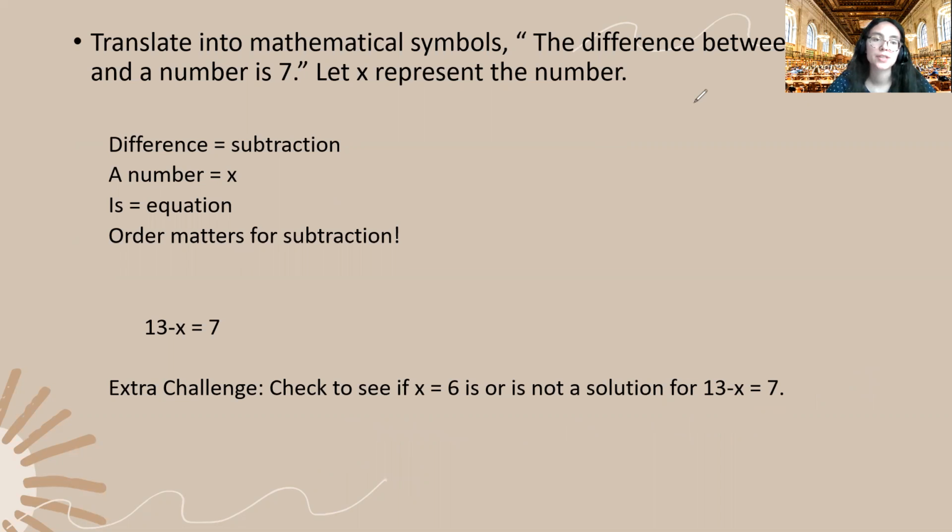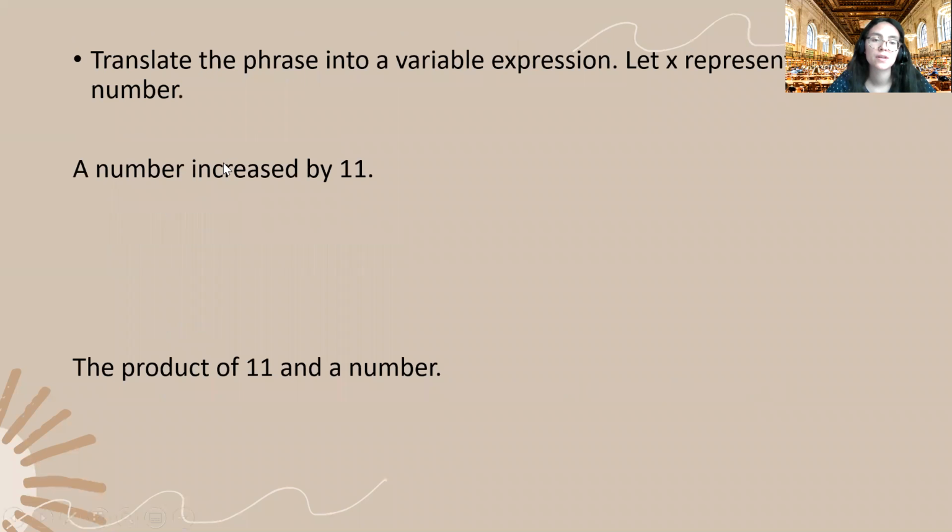So we're going to continue. So we're asked to translate these phrases into variable expressions and again to let x represent the number. So beginning with our first one, we have a number increased by 11. So I notice here that I have increased by. That tells me that I have addition.